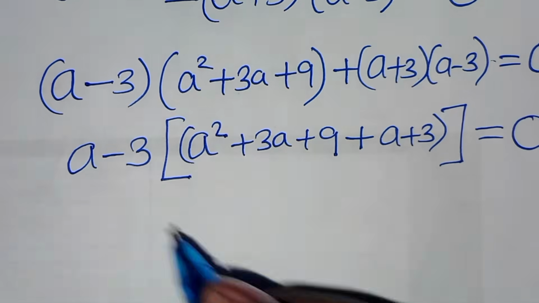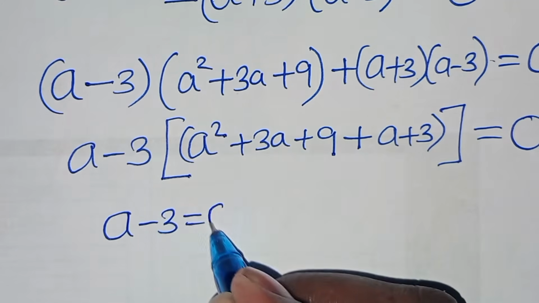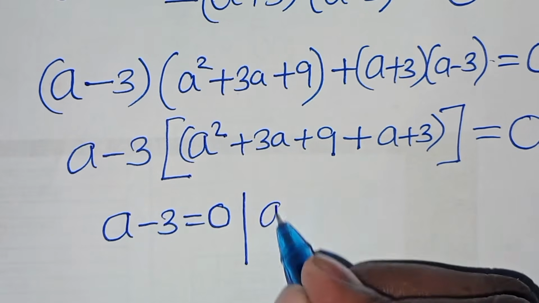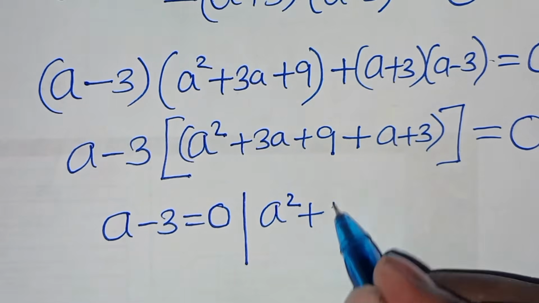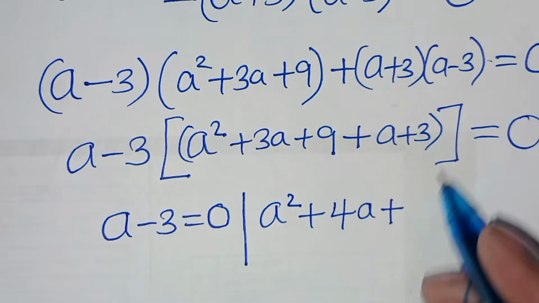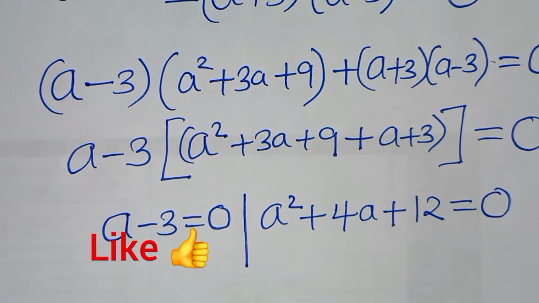So we have two parts. The first part is a minus 3 equal to 0. The second part is a squared plus 3a plus a, so this is 4a, then plus 9 plus 3, which is 12, equal to 0.